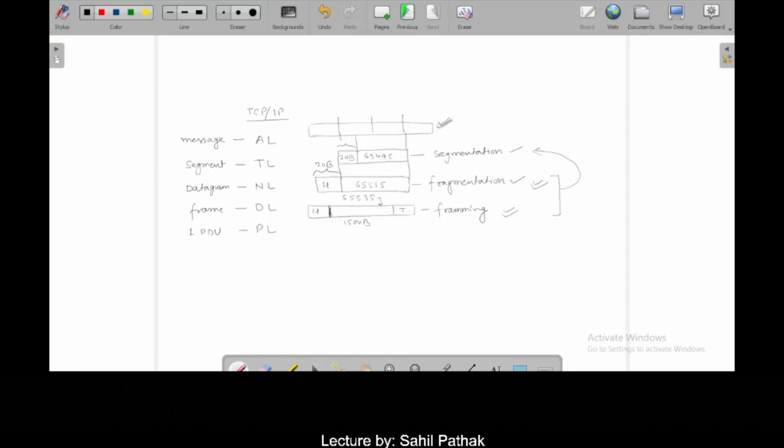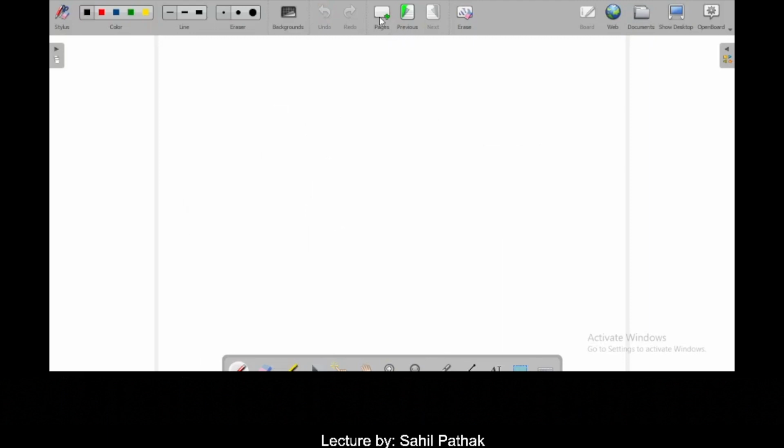Okay. So let us suppose the transport layer know the maximum size that can be put into the data link layer frame.